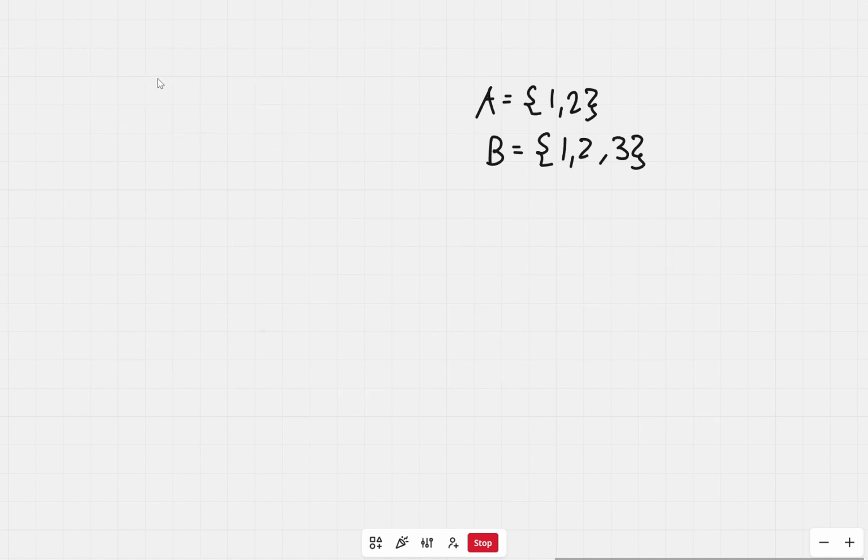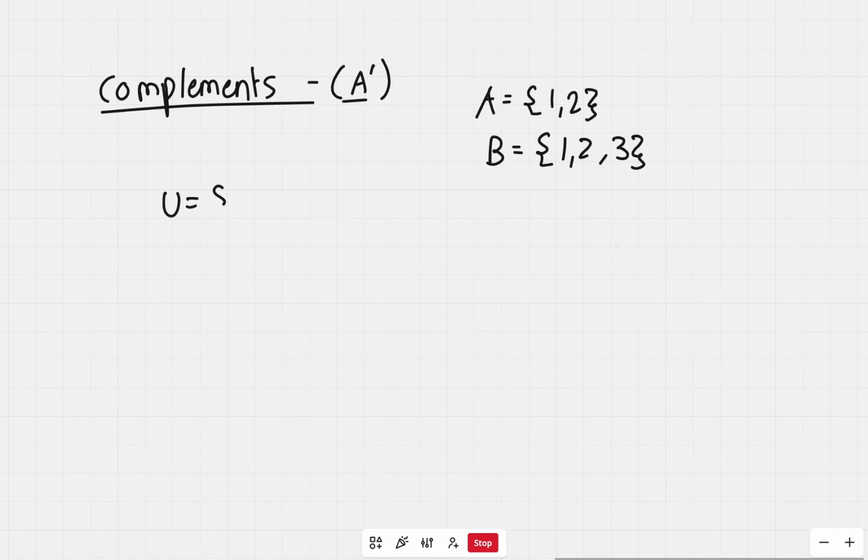Alright, now moving on, the complement of a set. Its notation is A apostrophe, known as A complement. The complement of a set is the set of all elements in the universal set that are not in A. Taking the same example as before, U contains values from 1 all the way to 9 and A contains 1 and 2.